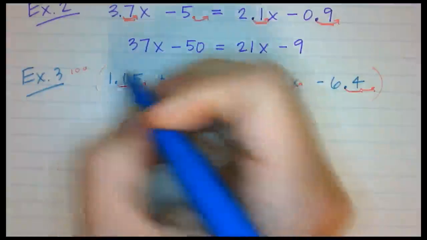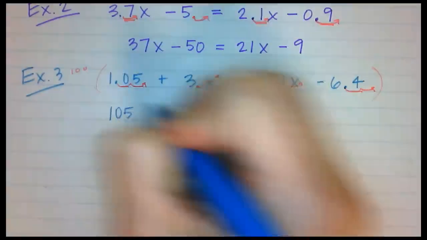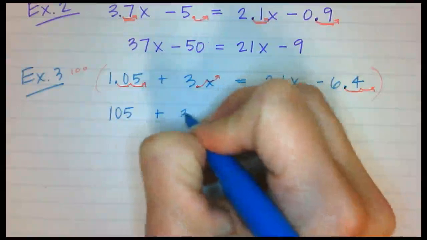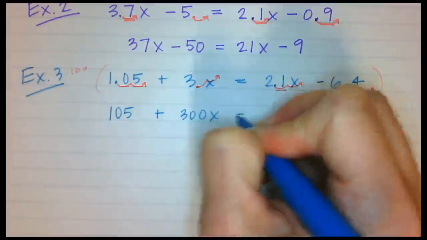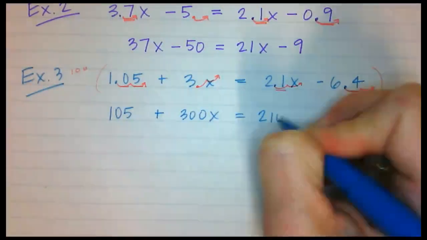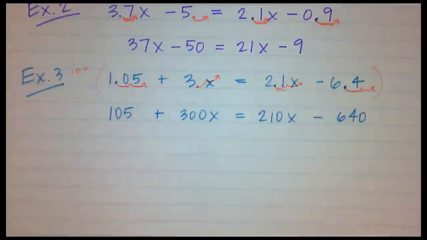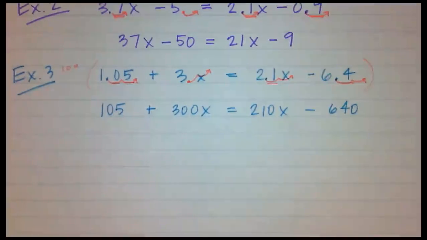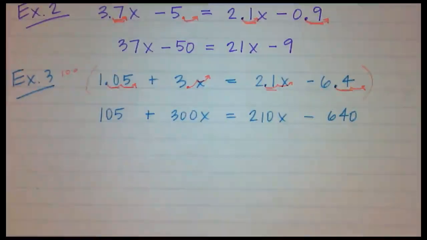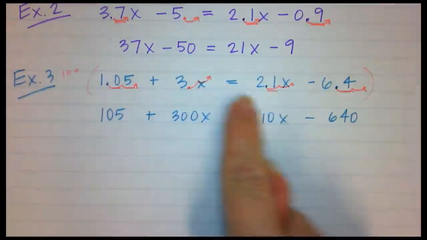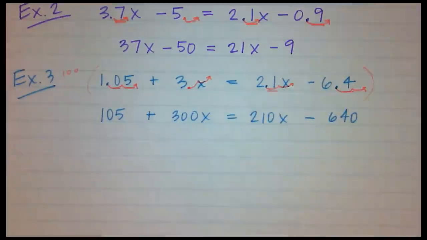So we would end up with 105 plus 300x equals 210x minus 640. So from here, you could go through and do the steps to solving. You don't have to do anything with your answer because as long as you change everybody by the same amount, your answer will still be the same.